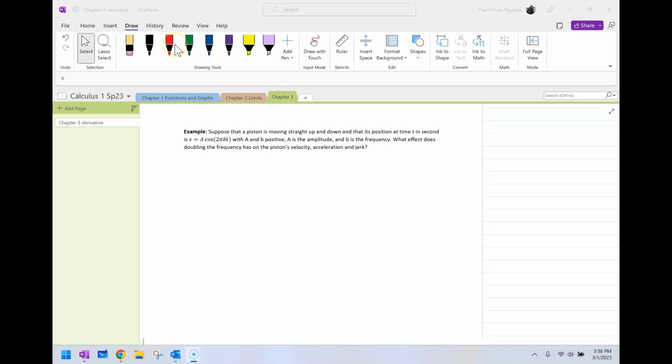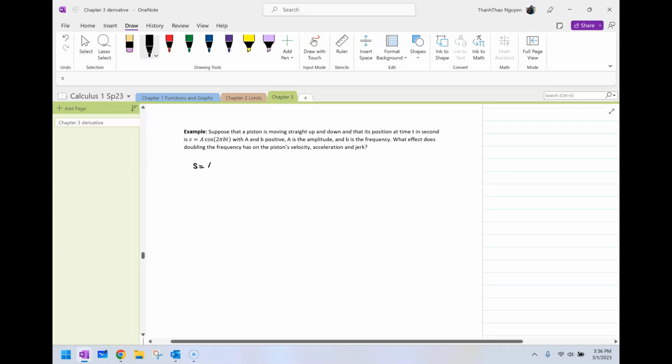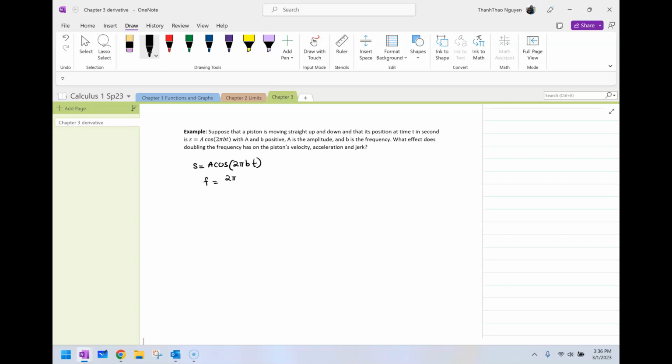So let's first talk about the frequency of this function. s equals a cosine of 2 pi bt. The frequency is equal to 2 pi b divided by 2 pi. The frequency here is equal to b.